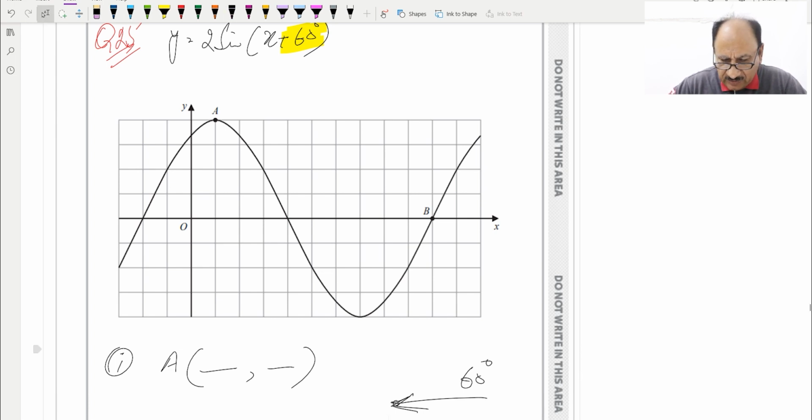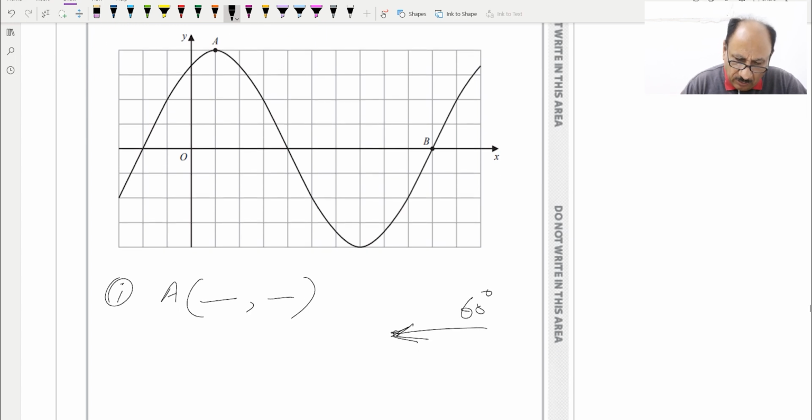If it is minus 60, it will be to the right. So in this case 60 degree to the left, and the 2 outside indicates that the two units stretch along y-axis. So along y-axis stretch will be 2 units. So these two transformations we will be applying.